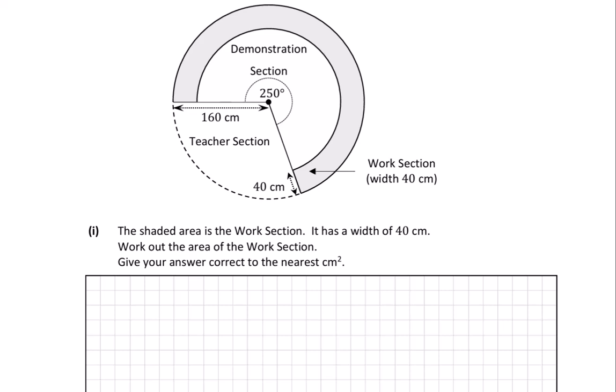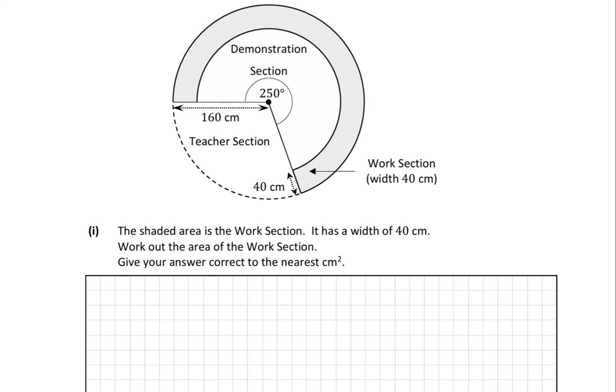So what I'm going to do here is find the area of these two sectors here. There's a white sector here, and then there is the white sector and the grey sector together, if you like. So with the large sector, I'm going to subtract the two areas, and that'll give me the area of the shaded region. So I'm going to take the area of the large sector.